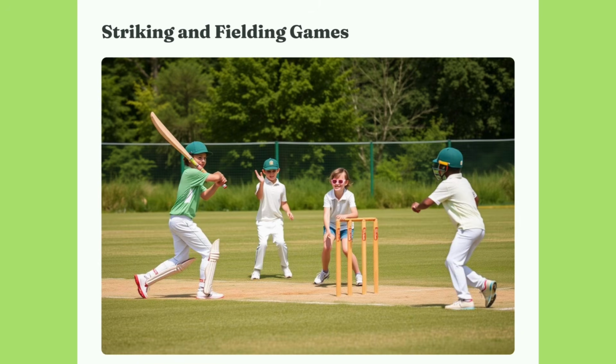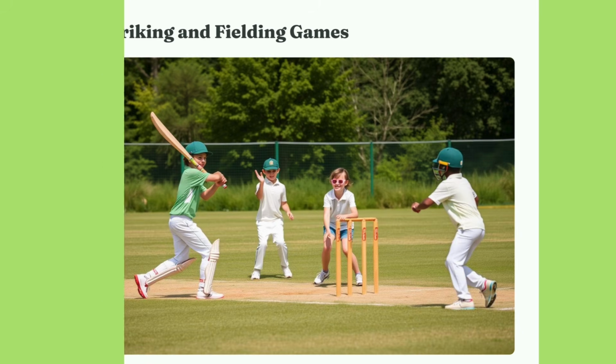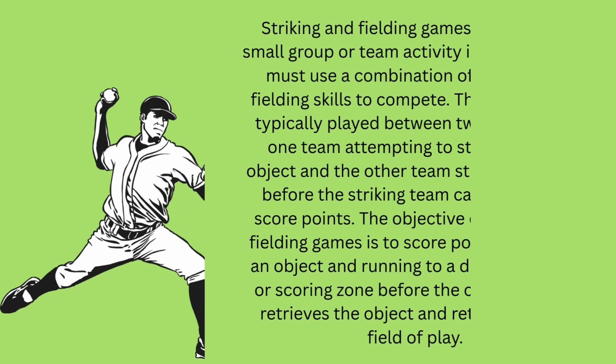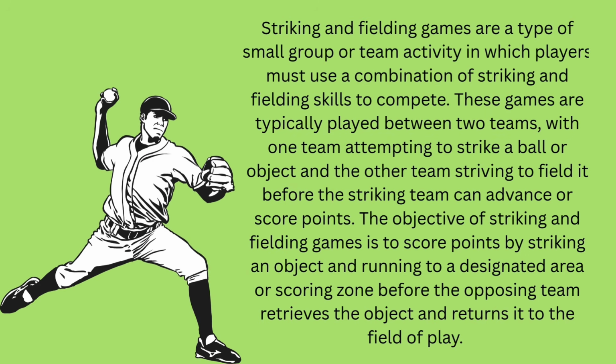So next, we have striking and fielding games. What do we mean by this? And what are the games involved with striking and the use of field? Striking and fielding games are a type of small group or team activity in which players must use a combination of striking and fielding skills to compete.